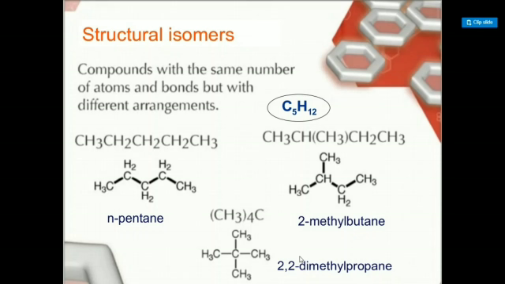You can see here normal pentane, or which is written here n-pentane, and other is 2-methyl butane or 2,2-dimethyl propane. In this, the molecular formula is C5H12, but their structures are different and also the compounds are different. So this is type of structural isomer.